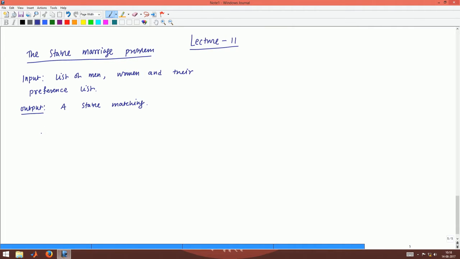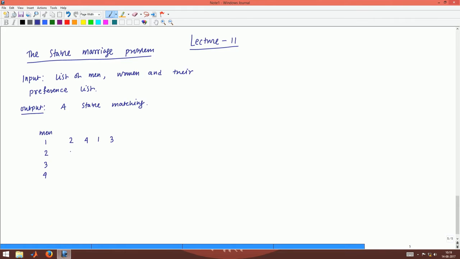This is the set of men. Suppose I consider 4 men. The preference of the first man: the first preference is woman 2, the second preference is 4, then 1, then 3. So, 1 is the third preference and 3 is the fourth preference for the first man.